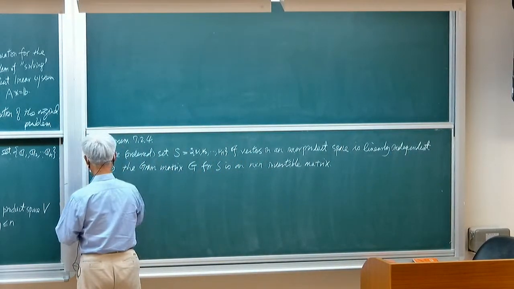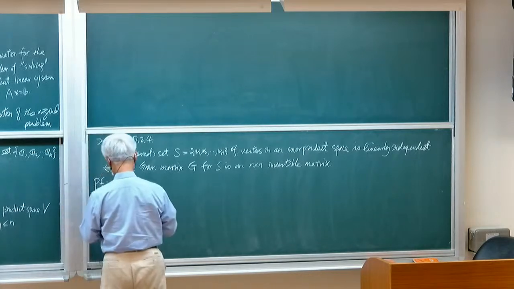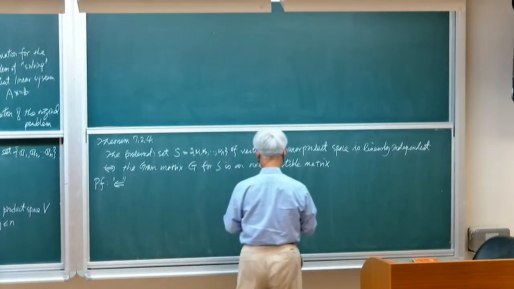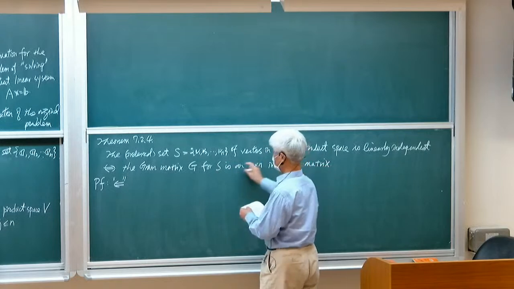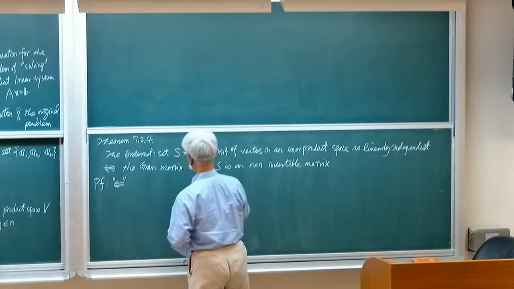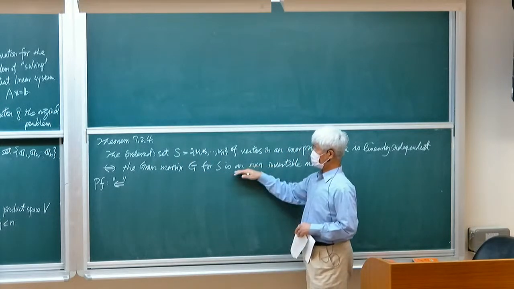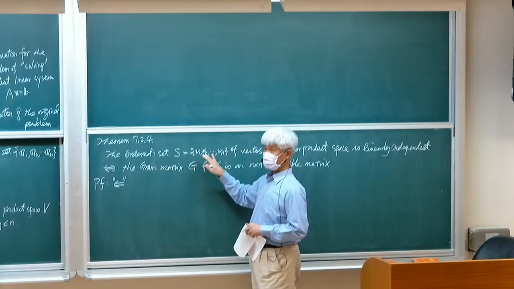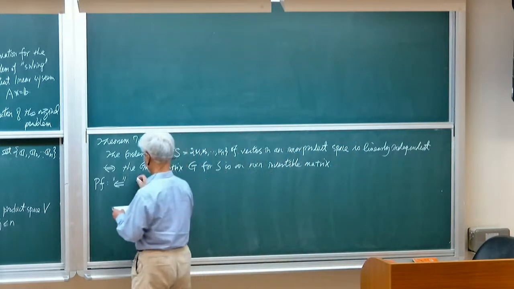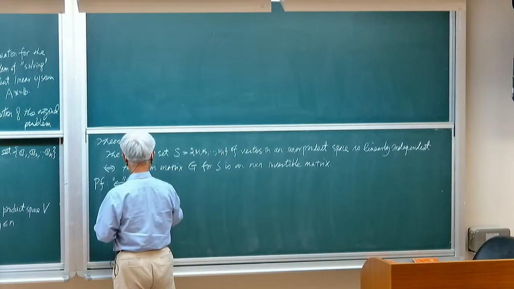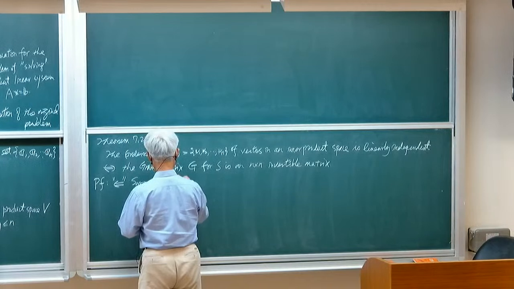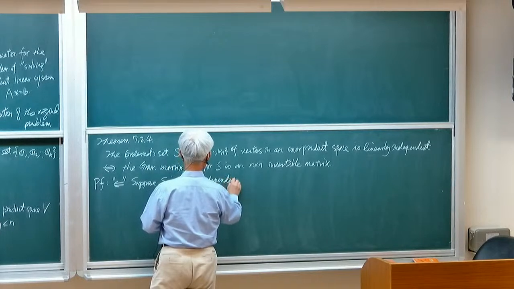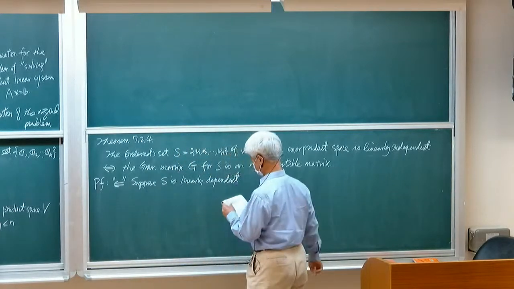All right, and the proof is here. We prove the reverse direction first: if the Gram matrix G is invertible, then this set is linearly independent. We use contradiction. Suppose X is linearly dependent, and we want to get a contradiction.